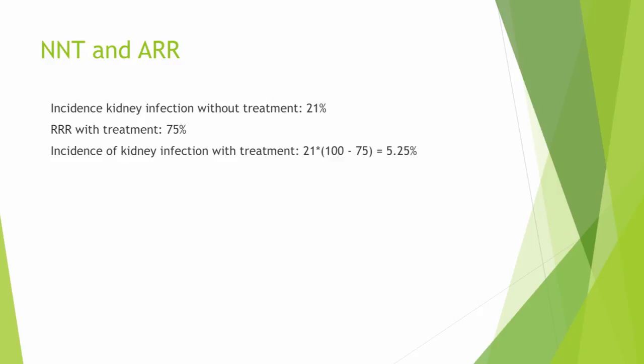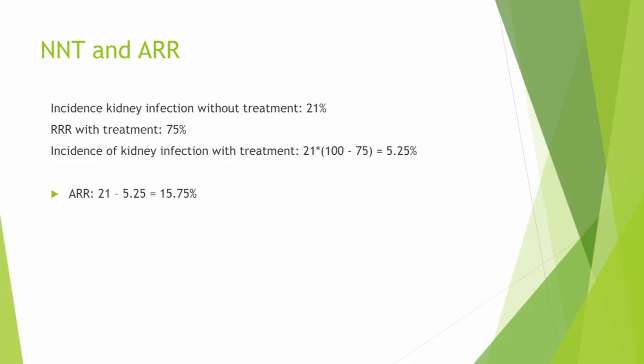So this means that our incidence of kidney infection with treatment will be 75% less than the incidence without treatment, or 21 times 100 minus 75, which is about 5%. So this means if we treat the asymptomatic bacteriuria, there's about a 5% chance of getting a kidney infection, which is a lot better than 21%.